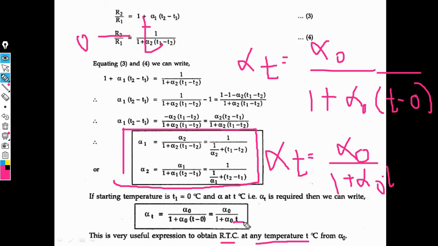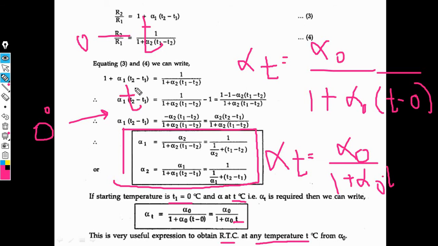The RTC, that is resistance temperature coefficient, can be found at any temperature T degree Celsius with the help of the temperature initially 0 degree Celsius and finally T degree Celsius.